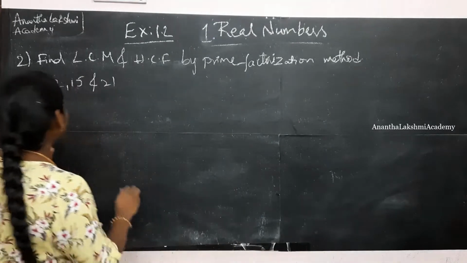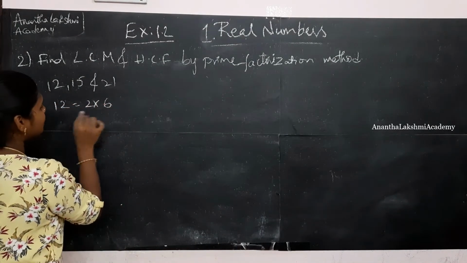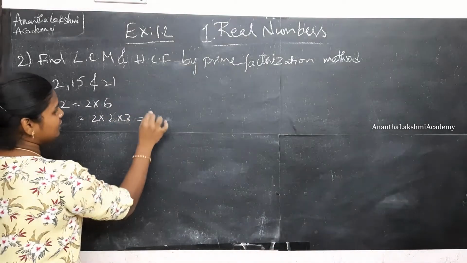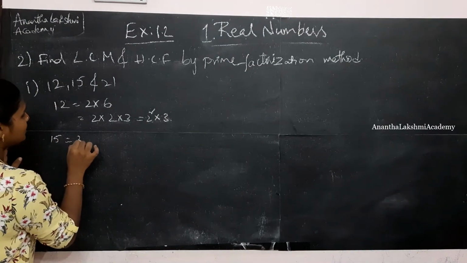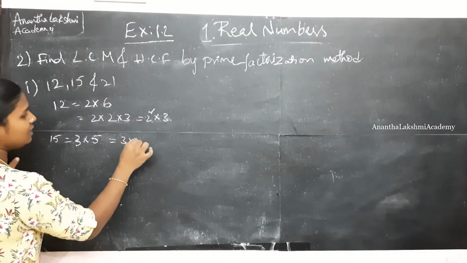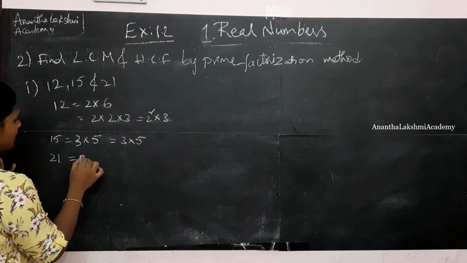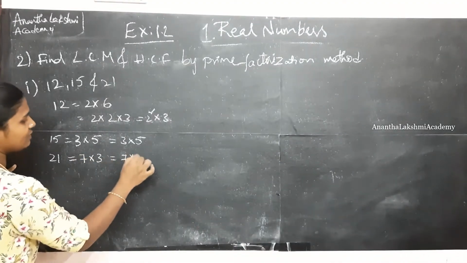So let's do that. 12 can be expressed as 2 into 6, 2 into 2 into 3, which is 2 square into 3. 15 can be expressed as 3 into 5. 21 can be expressed as 7 into 3.